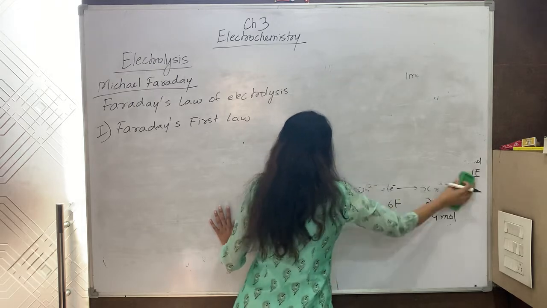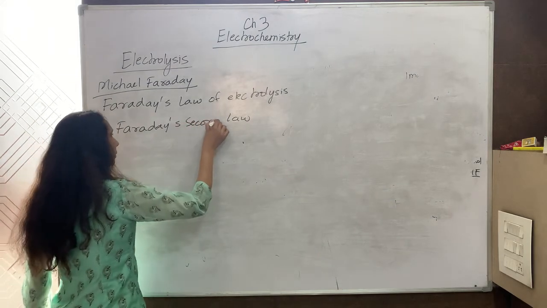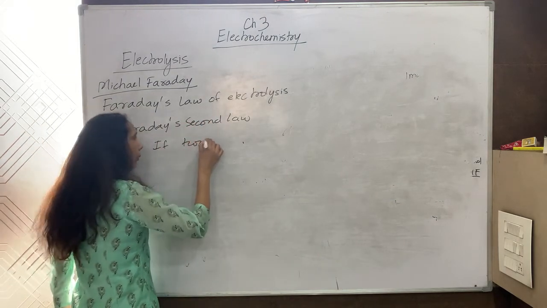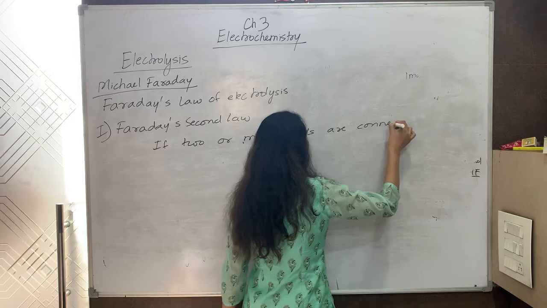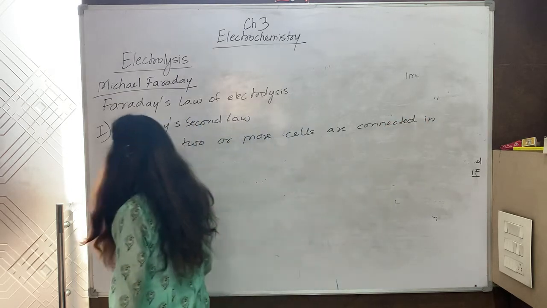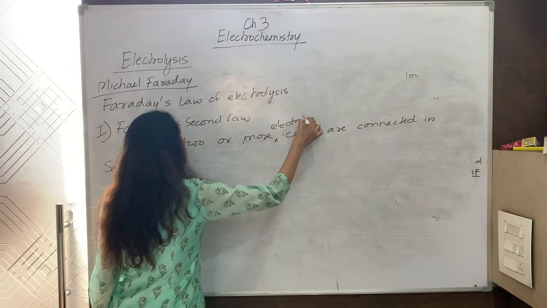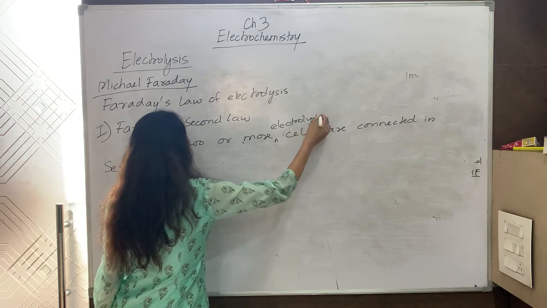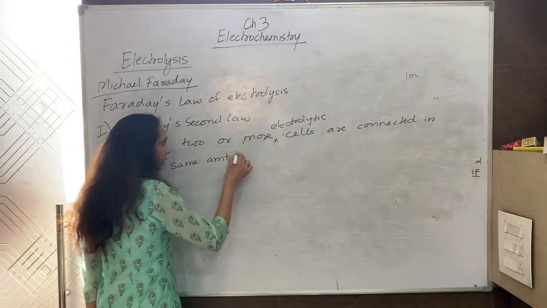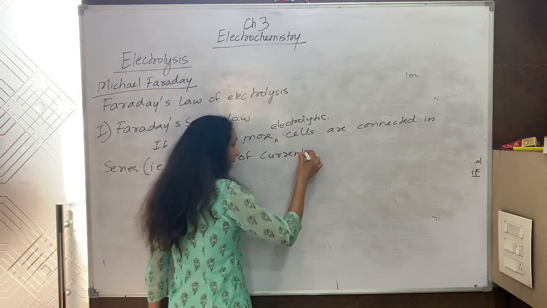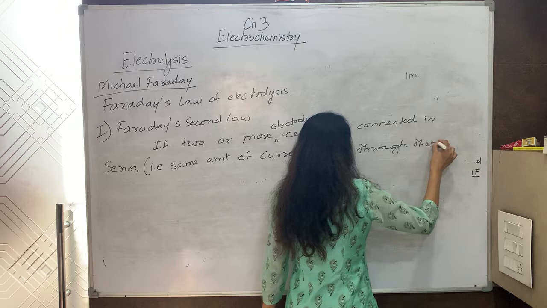Now let us do the Faraday's second law. If 2 or more electrolytic cells are connected in series, that is the same amount of current flows through them because you are connecting them in series, through them for same time t.